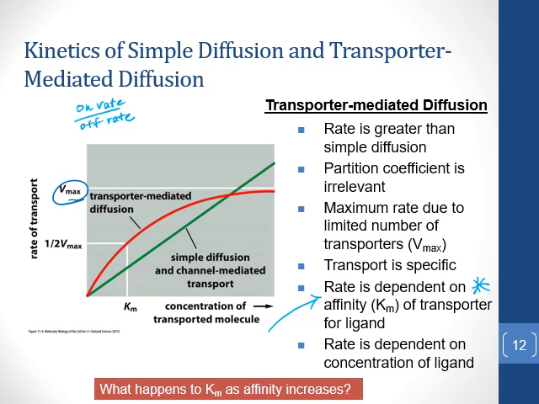We're not talking about attraction here. We're talking about affinity. We're not talking about an electrostatic attraction in which one molecule is drawn to another molecule by some attractive force. We're talking about the tendency of a molecule to bind to the transporter, in this case, based on the non-covalent interactions that exist between that transporter and the molecule.